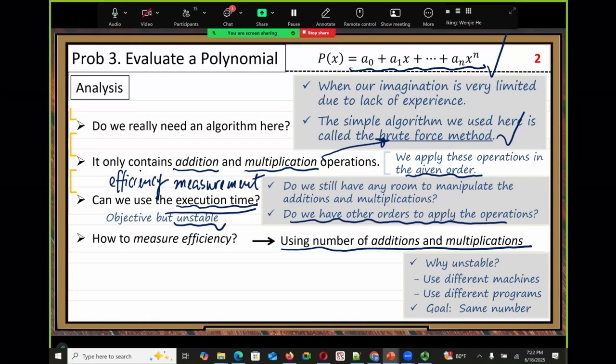So you have concrete numbers, right? Then it does not rely on your hardware. If you use a supercomputer or a simple, low-end PC, you need to use the same number of additions and the same number of multiplications.